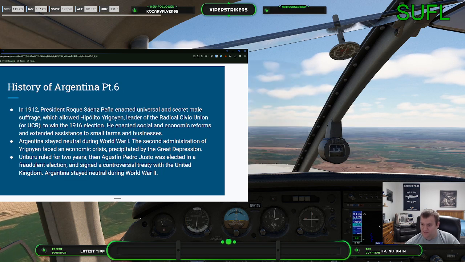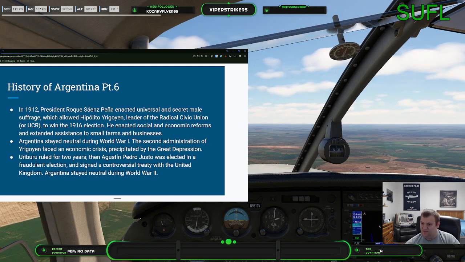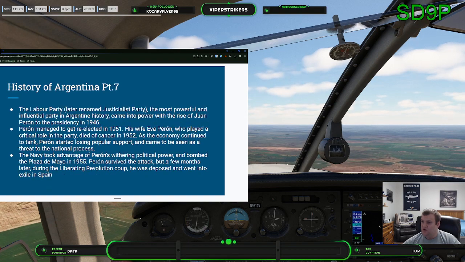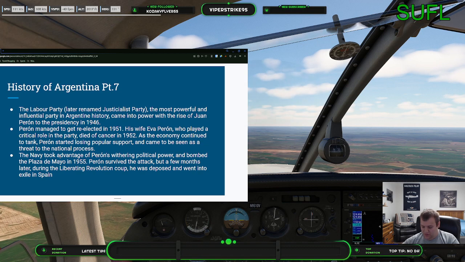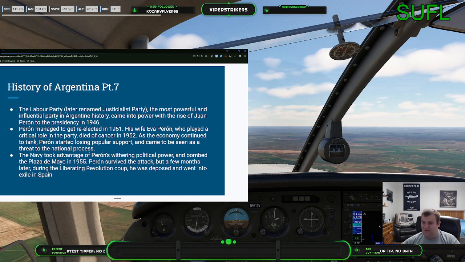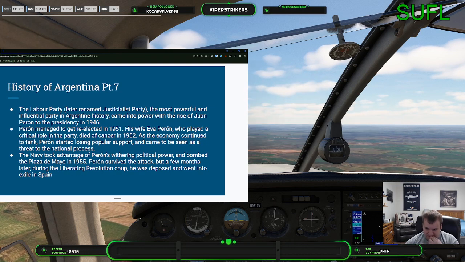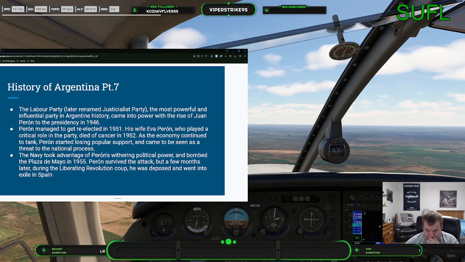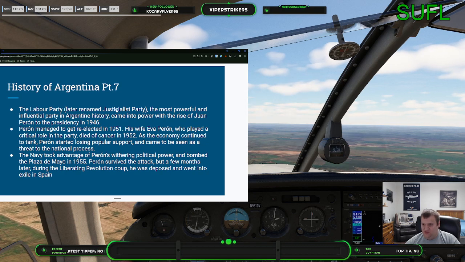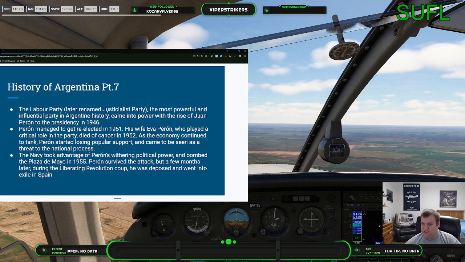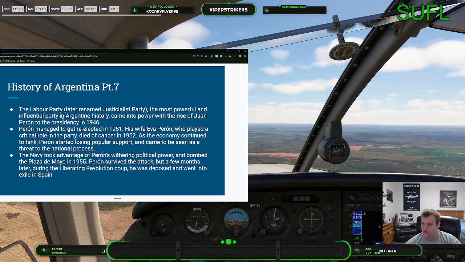And during that time, Juan Perón was named head of the Labor Department, and he eventually became Argentina's president in 1946, whose reign had a pretty profound effect on Argentine history. Perón nationalized strategic industries and services, improved wages and working conditions, paid the full debt, and enjoyed full employment.